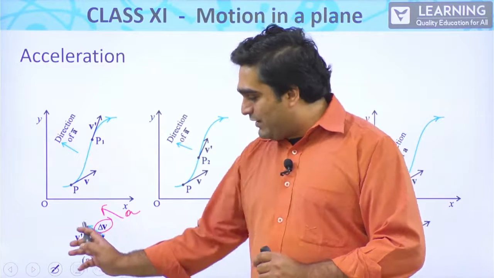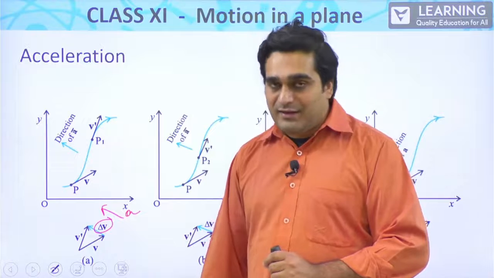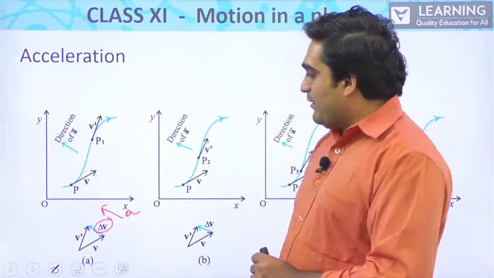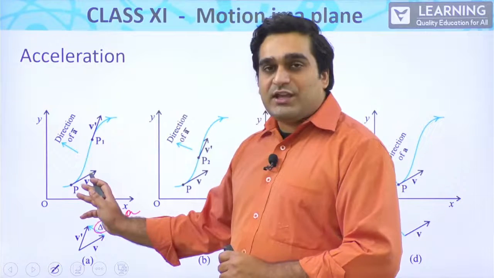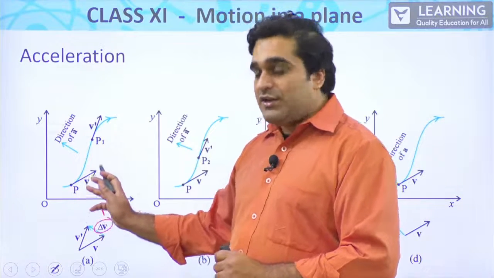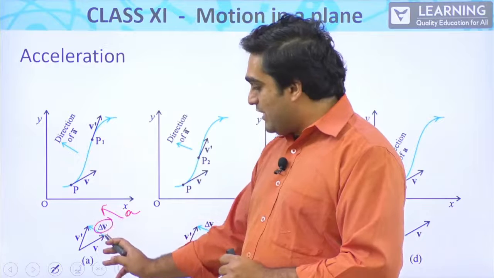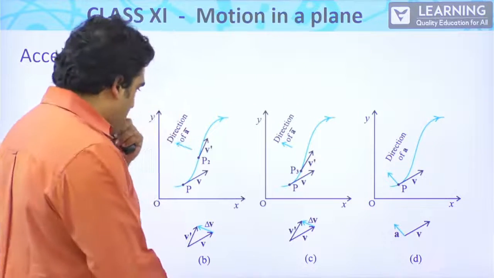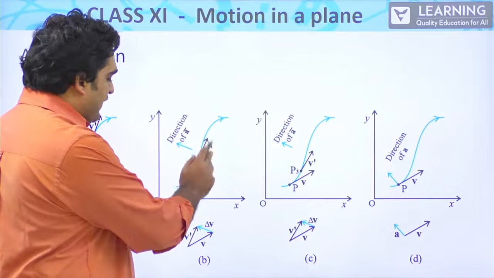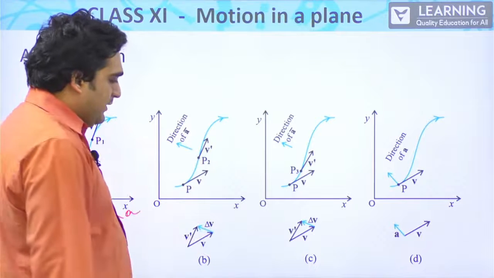Acceleration will be in the same direction as delta V. So the arrow is drawn in such a manner that the change takes place from an initial velocity to a final velocity.